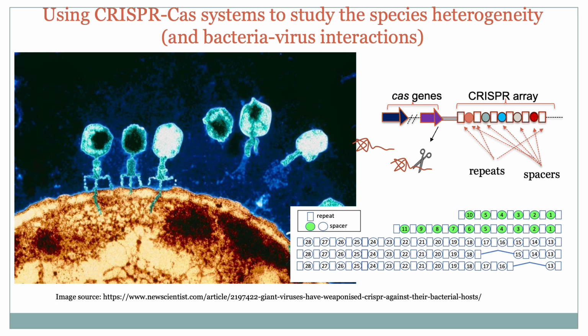Due to the constant arms race between bacteria and invaders, bacteria need to acquire new spacers from invaders, forming different spacer CRISPR arrays. By studying the variations of the CRISPR arrays in the microbiome, we can learn about the interactions between bacteria and viruses.